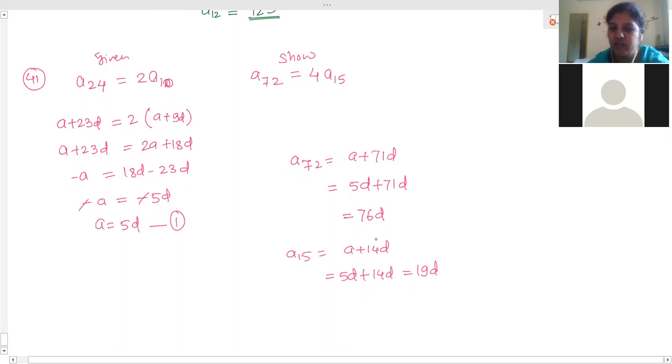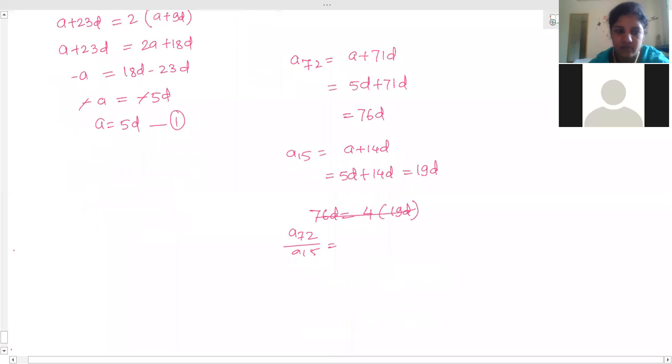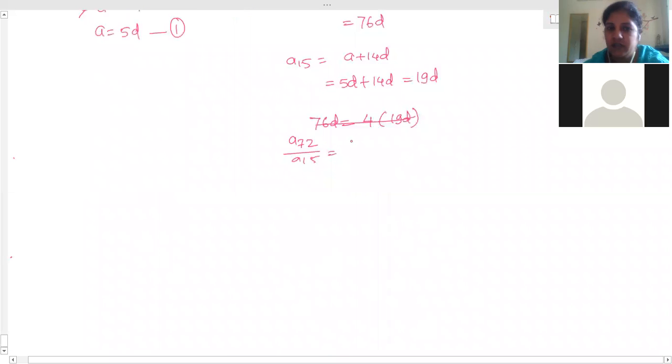Now what is the relation between 19D and 76D? 76D is equal to 4 into 19D. Or you can write A72 by A15 is equal to 76D by 19D.